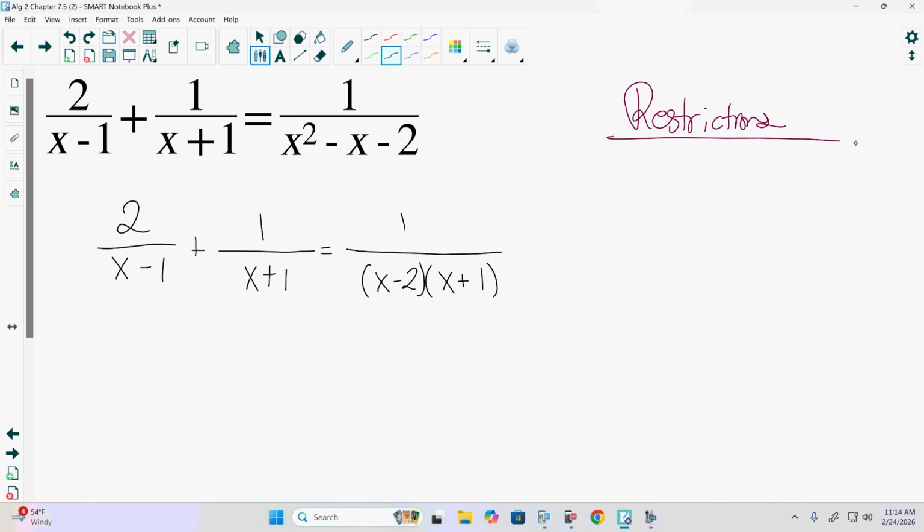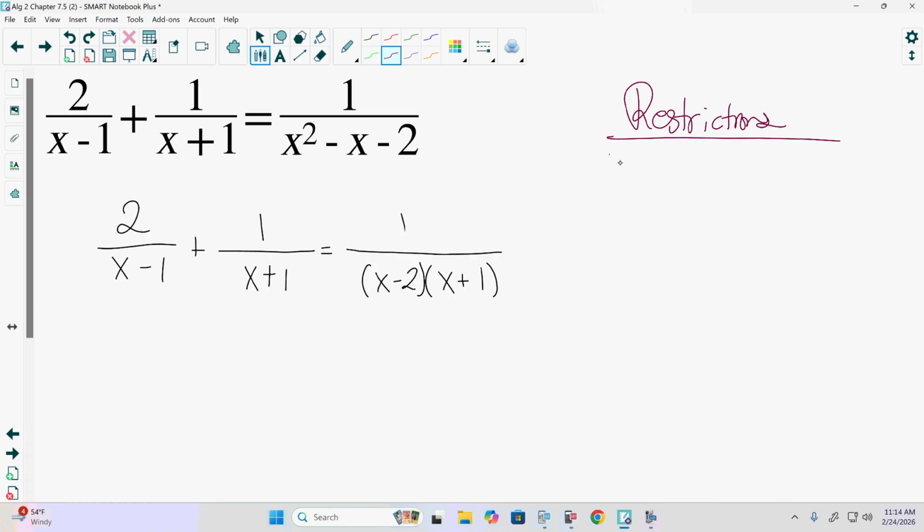So our restrictions, I think another way to think of it is what's going to cause that division of 0? What's going to cause the bottoms of these 3 fractions to be 0? What's a value of X that's not going to work? That's going to cause problems. And so we would look at the denominators.